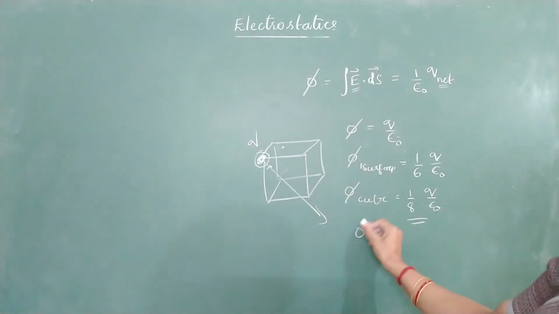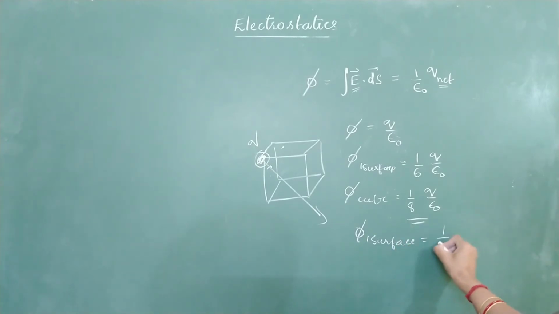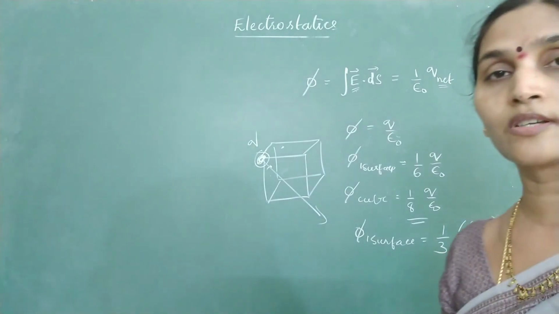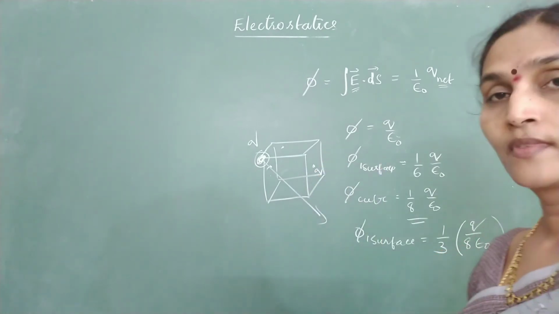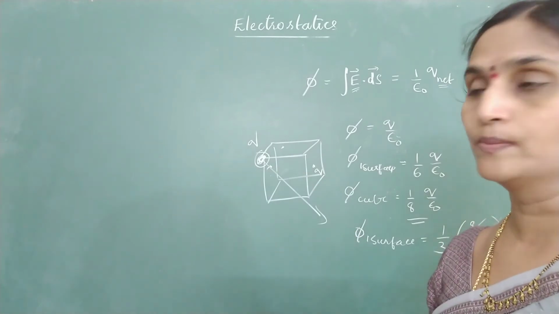So what is the flux through one surface? If the charge is at the vertex of a cube, it is 1/3 of q by 8 epsilon naught, which is 1/24 q by epsilon naught. Or if the charge is at the center of the side, then what is the flux through the cube?